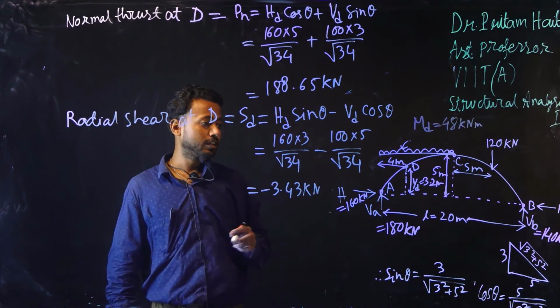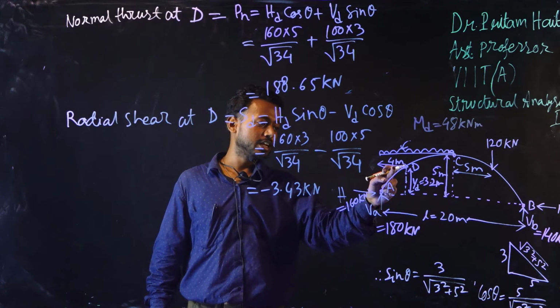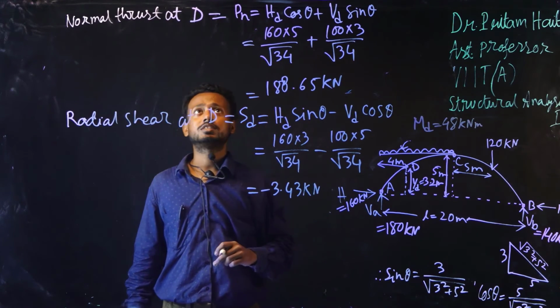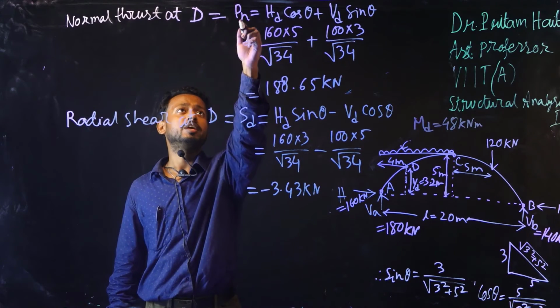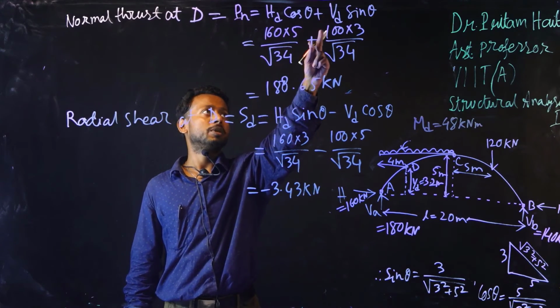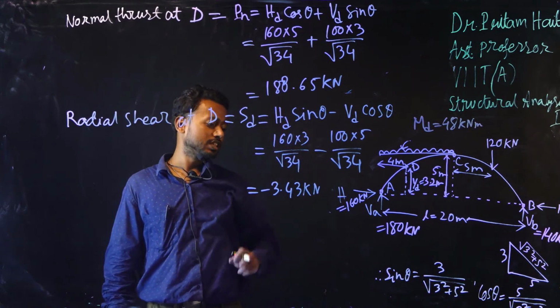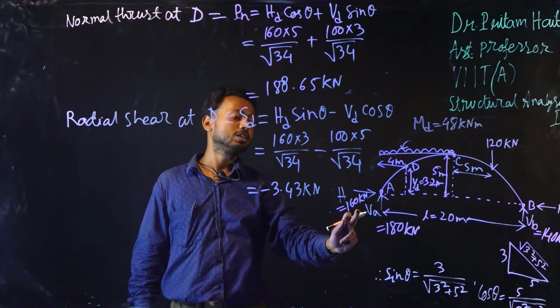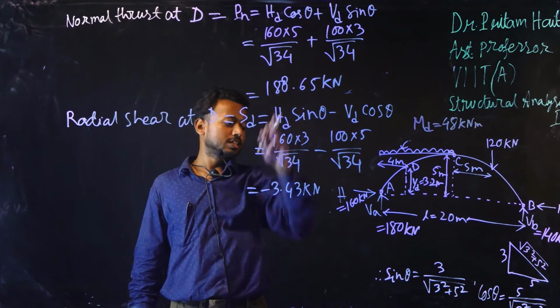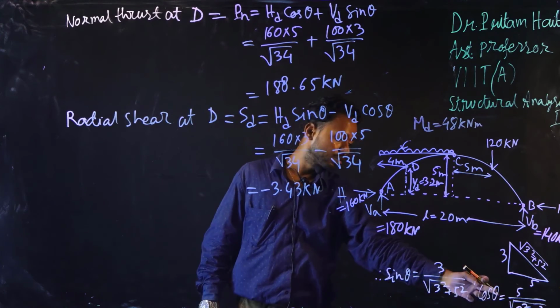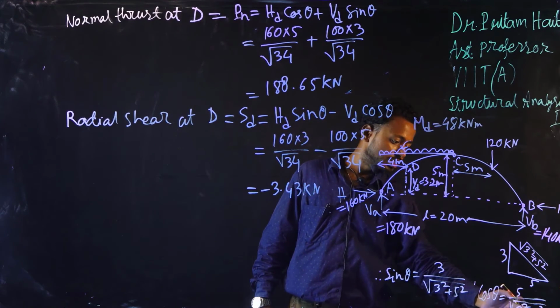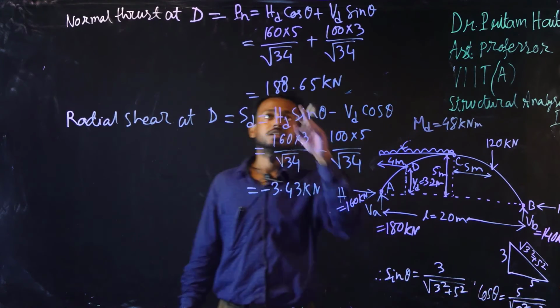Now I will calculate the normal thrust and radial shear at point D. So what is the formula of normal thrust? That is Pn equals HD cos theta plus VD sin theta. So HD is how much? 160, and cos theta is how much? 5 by under root 3 square plus 5 square. So 3 square plus 5 square means 34.